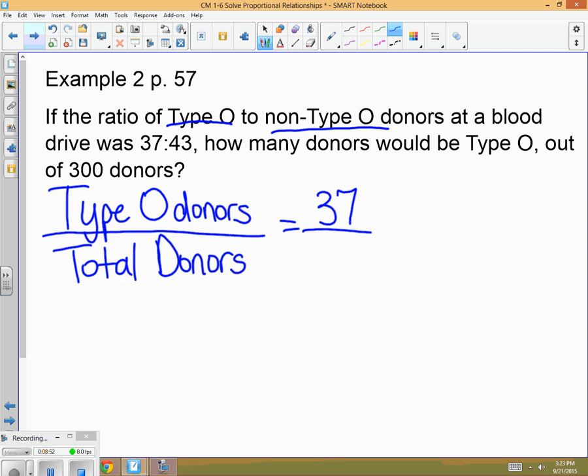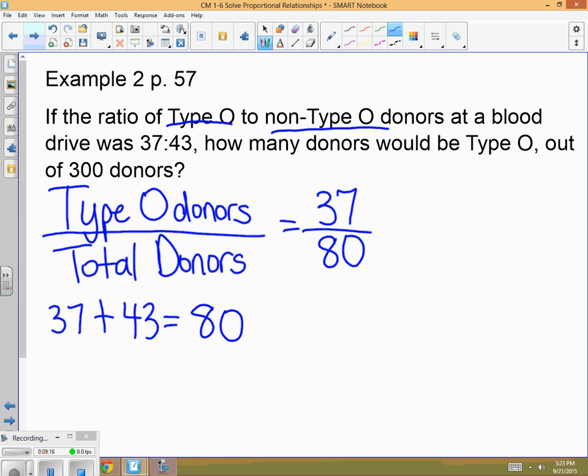That is just the non-type O amount. To find the total, you will need to add 37 type O plus 43 non-type O to get the total, which in this case is 80 people.